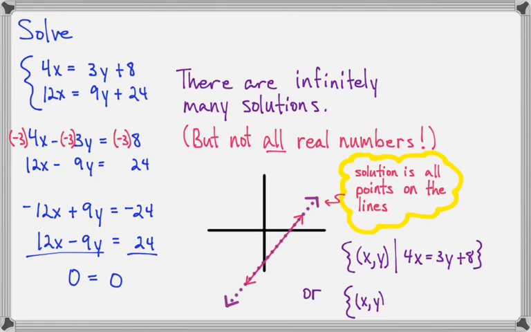We could also say that it's all the x, y points such that 12x equals 9y plus 24, because that is also one of our equations, and the two equations contain exactly the same points, so it doesn't matter which one you use, one of them does the trick. And that is the solution to an infinitely many solutions type of problem.